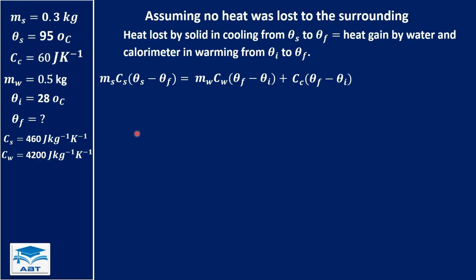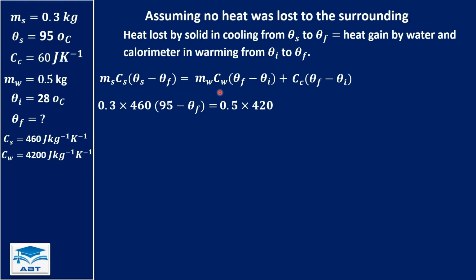So we fix the values. We have the mass of the solid to be 0.3 times specific heat capacity of the solid, which was also given to be 460 joule per kilogram per Kelvin, and the temperature of the solid was 95, but we don't know the final temperature.